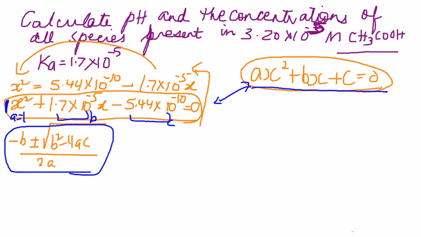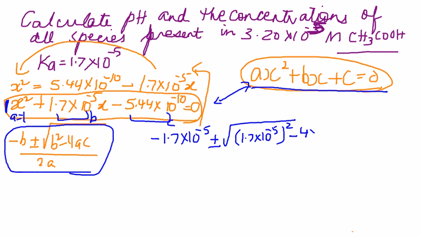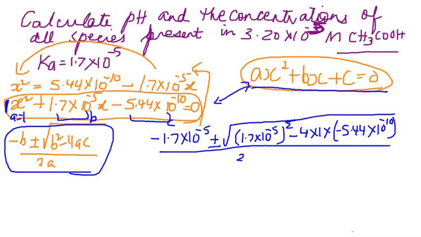And so I'm going to write down both of my numbers, and I can say that negative 1.7 times 10 to the negative 5th plus minus square root of b squared, that would be 1.7 times 10 to the negative 5 squared, minus 4 times 1 times negative 5.44 times 10 to the negative 10, whole divided by 2 times 1. So that's what I have so far.